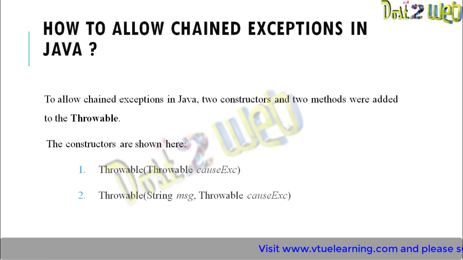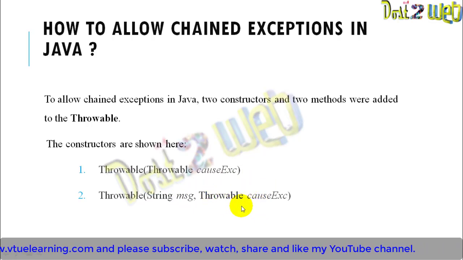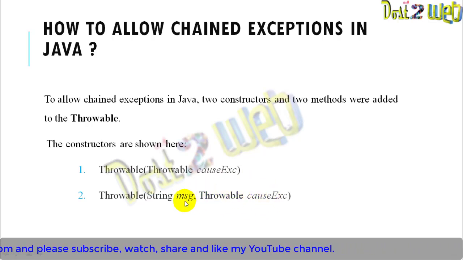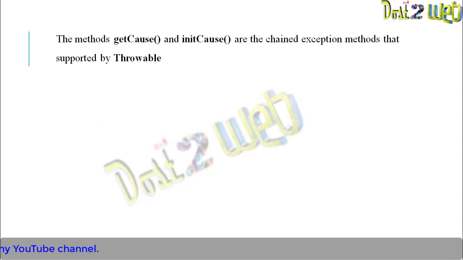Next is the second constructor, taking a string message and a Throwable cause exception. This way you can create the chained exception. The methods are getCause and initCause.